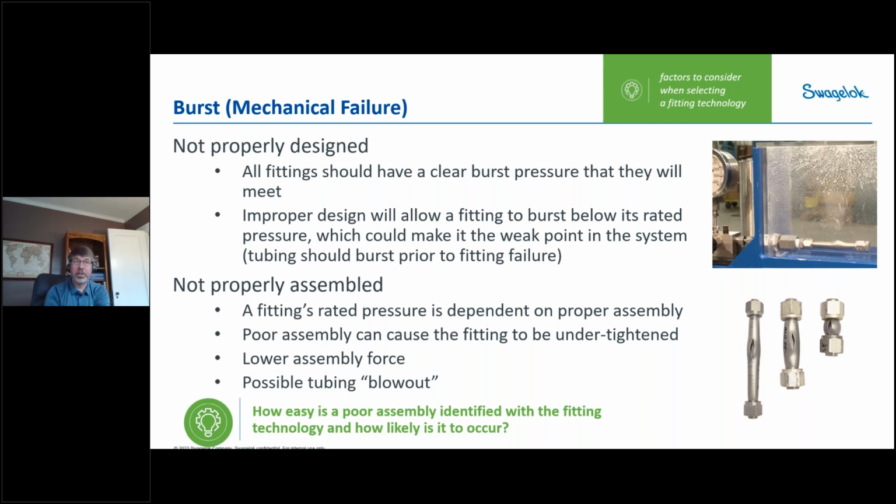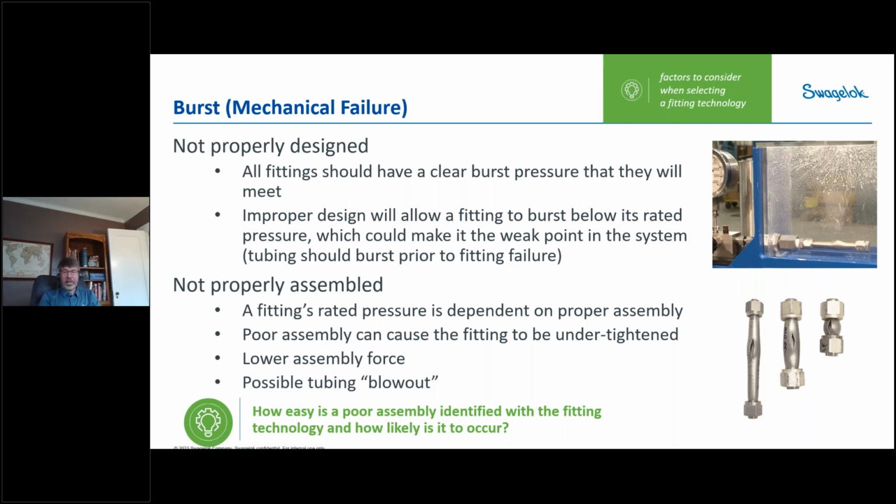But it is important to take that into account when you're choosing a particular fitting. Ask the fitting manufacturer, is it rated to the burst pressure of the tubing? The answer should always be yes. But you want to see the types of failures I'm showing in these pictures where the tubing itself fails. A fitting blowout can be very dangerous because the tubing can essentially whip around and cause serious safety concerns. So we're going to assume that's the case.